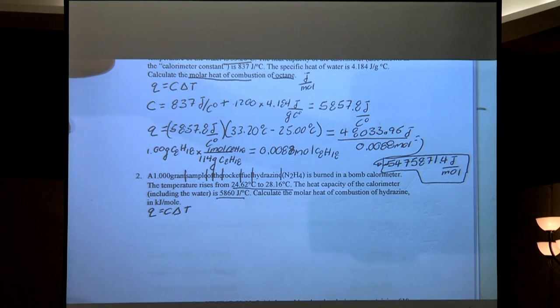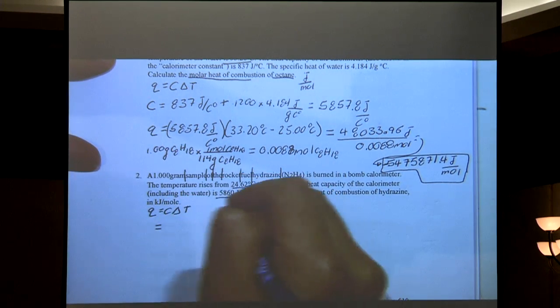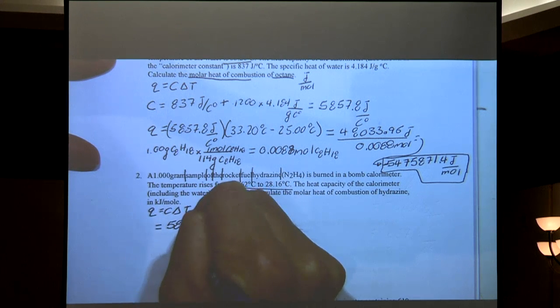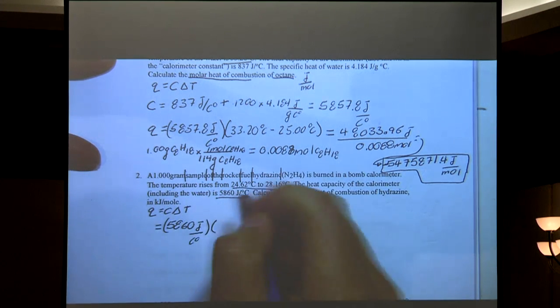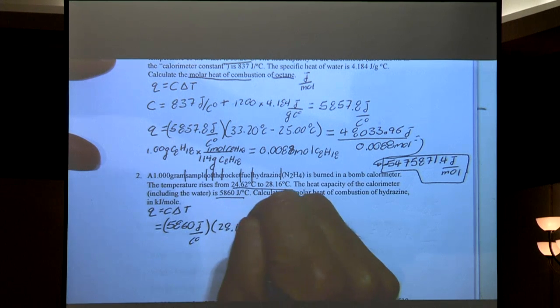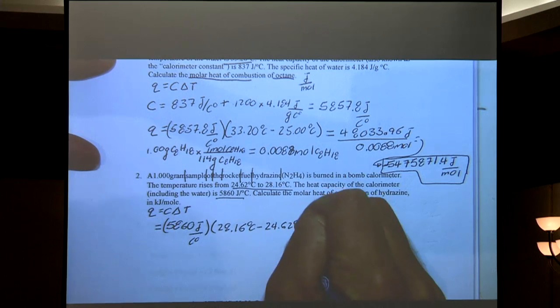So we're going to find our Q. C is 560 joules per degree Celsius times my delta T, which is 28.16 degrees Celsius minus 24.62 degrees Celsius.